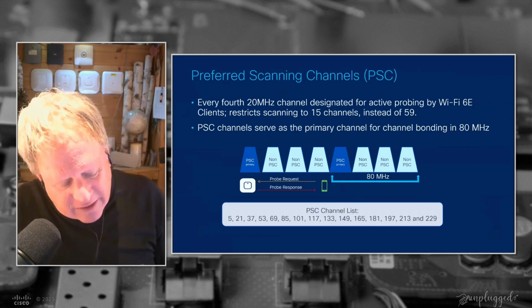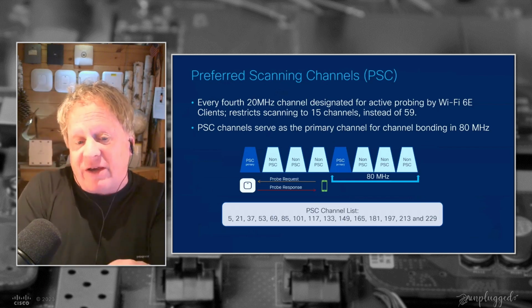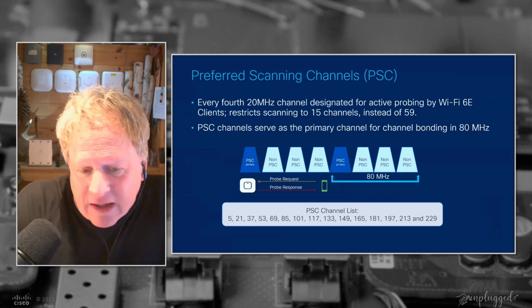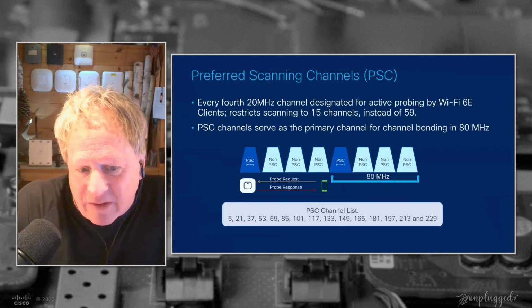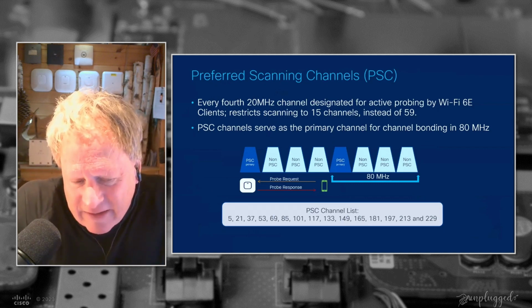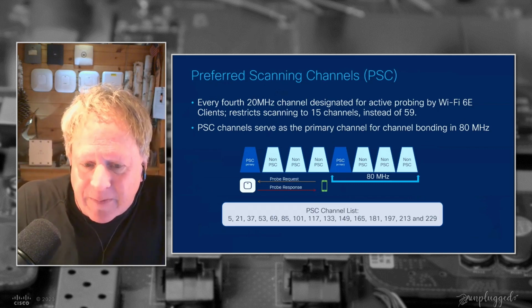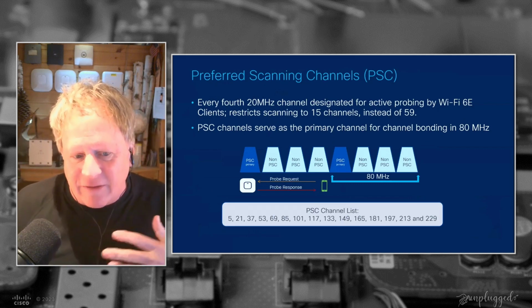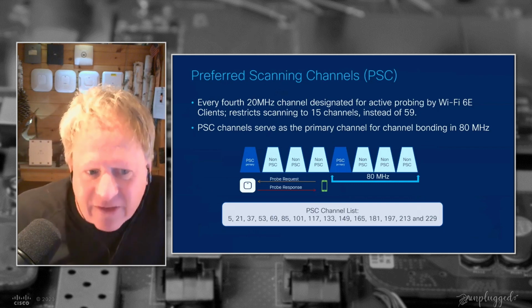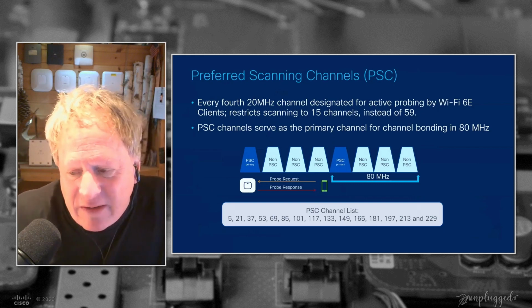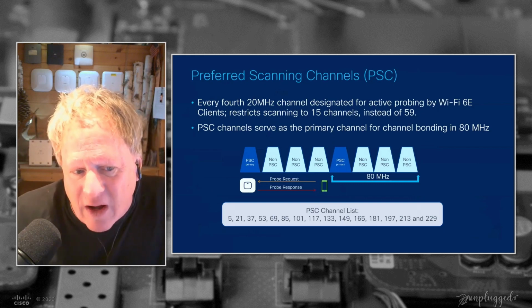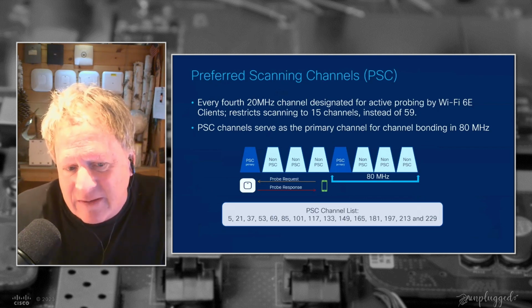Now, if you decide for some reason to use, say, 40 megahertz channels in the United States where you've got 6 gigahertz, then things do change a little bit. If RRM is aligning these 40 megahertz channels, you could have a scenario where the primary channel is no longer aligned with the PSC channel.